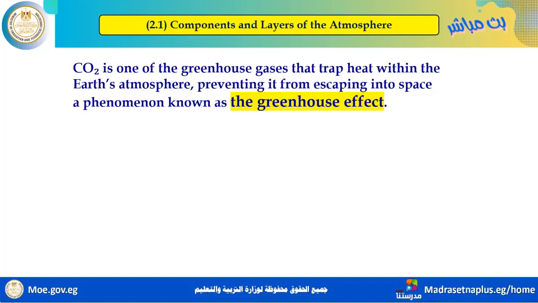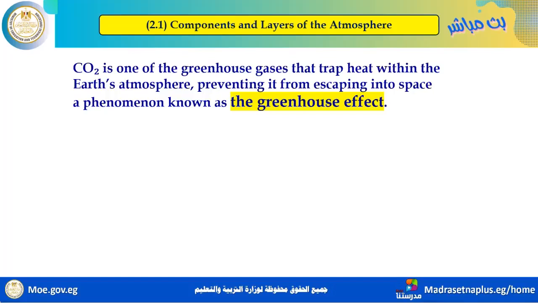A continuous increase in the average temperature. It is related to a phenomenon called global warming. So carbon dioxide is one of the greenhouse gases which trap heat and prevent it from leaving the Earth to space. This phenomenon is called the greenhouse effect and is related to global warming.